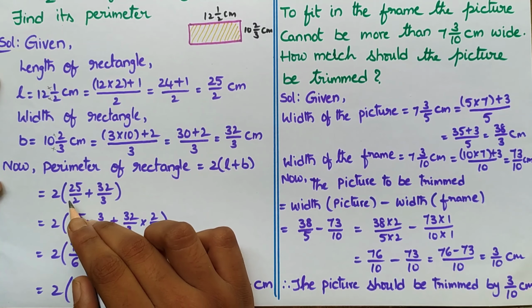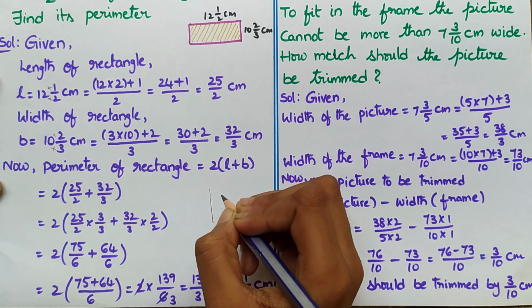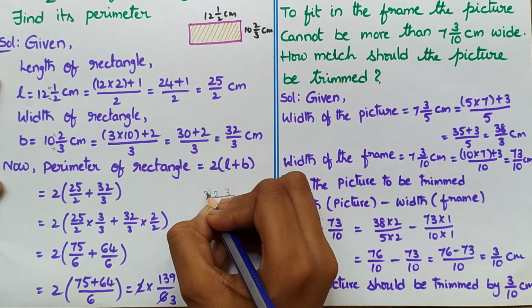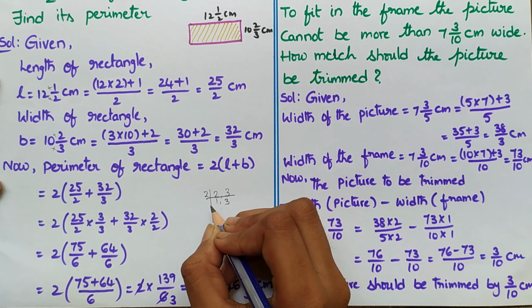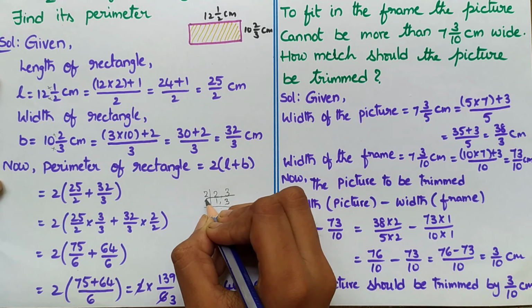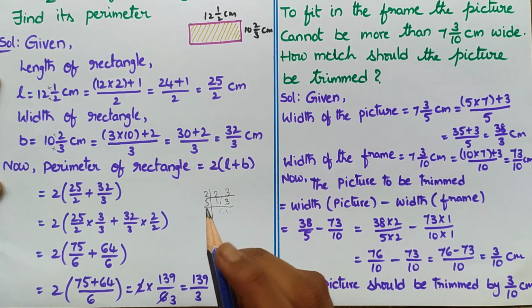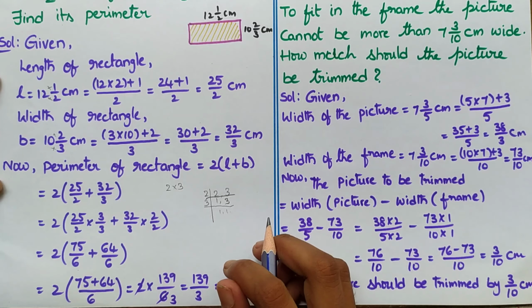See here, friends, let us find the LCM of 2 and 3. Since 2 and 3 have no common divisor, the LCM is 2 into 3, which is 6.